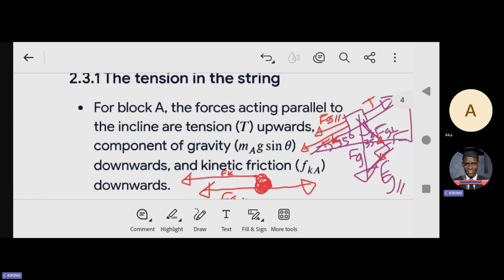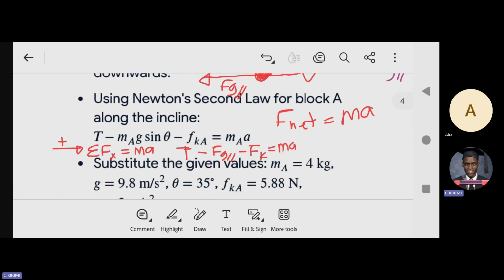So you subtract. Everything that is happening there, according to Newton's second law, must equal mass times acceleration. If it was Newton's first law, everything must be equal to 0 because it's stationary. But in our case, it's not stationary, it's moving with an acceleration. That's why it's now equal to mass times acceleration.